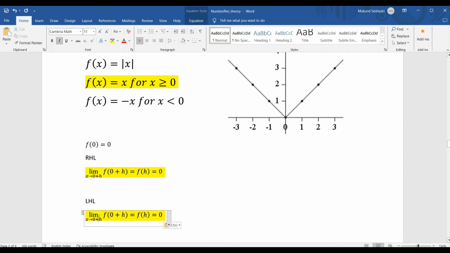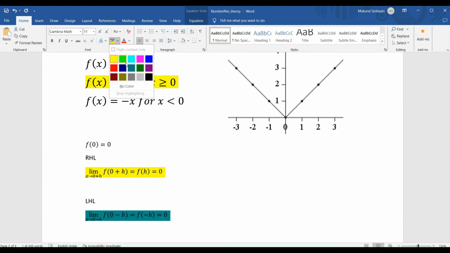And to calculate our LHL, we have x tending to 0 minus h, which means that x takes a small negative number, right? So which is f of minus h, which is again minus x, right? Now, let's change the color for this.